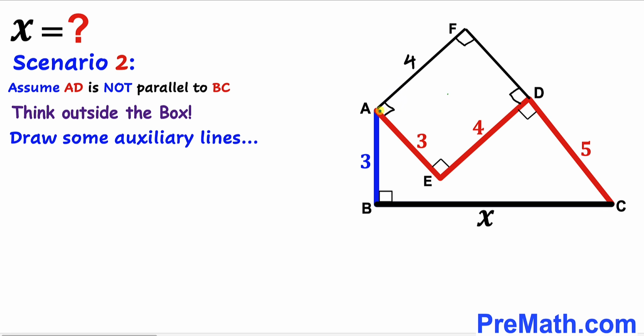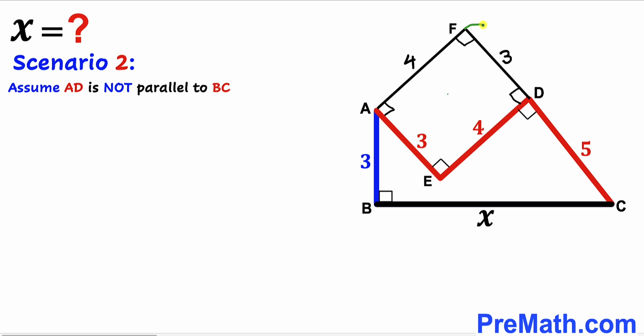Likewise, I have shifted this AE side all the way over here, so this becomes side FD, such that angle AFD is a 90 degree angle. If side AE is 3 units, then side FD is going to be 3 units as well. Now let's make an observation. The whole side FC length is 3 plus 5, which gives us 8 units.